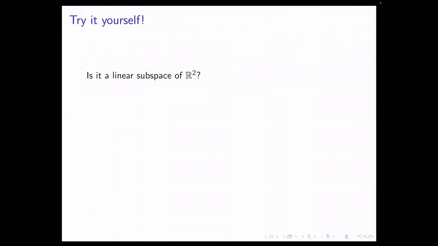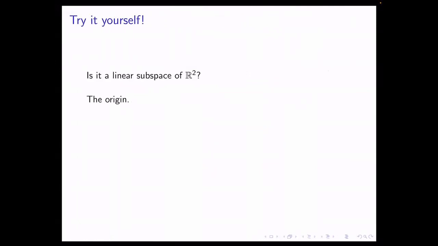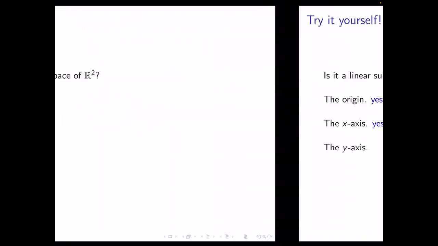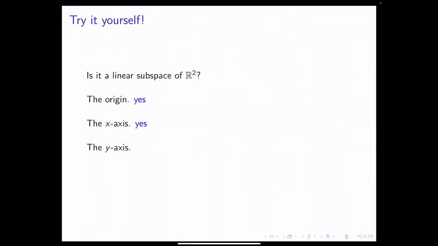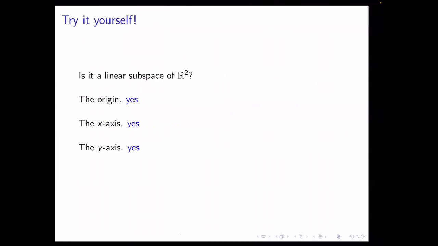Okay, let's see if you understood the concept. Is this a linear subspace of R2? The origin? Yes, it is. The x-axis. Yes, right, because it's a line that passes through the origin. The y-axis. Yes.